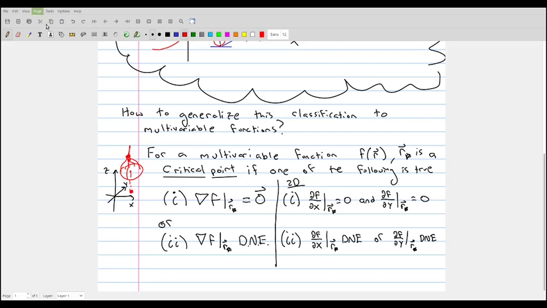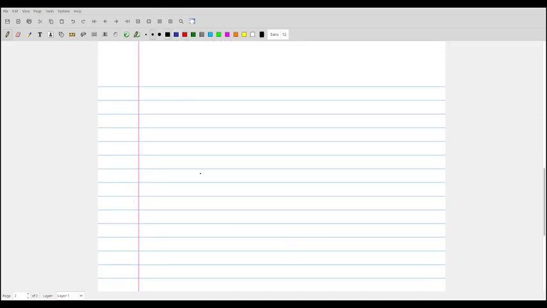Well, let's go through and see this for an example. For this example, we'll stick with the function from example 1 of the previous lecture, which is the function f of x, y is equal to x times y times e to the negative x squared plus y squared.